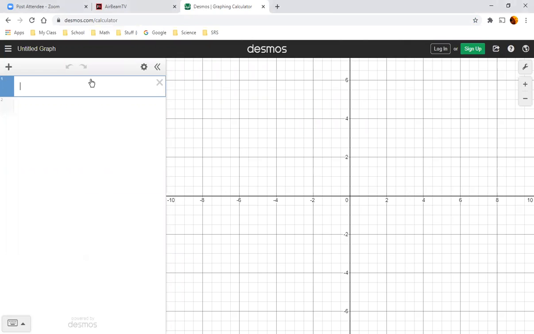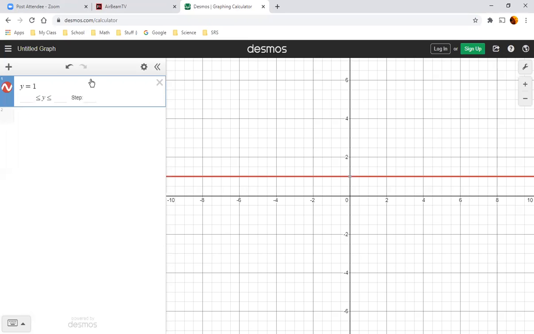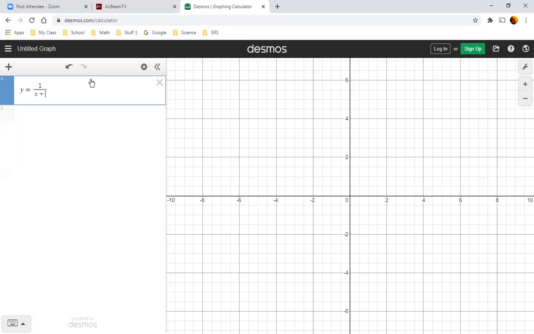And you don't have to write f of x. Instead, we're gonna write y equals, right? What are you gonna write? 1 over x plus 25. Is that what yours look like?